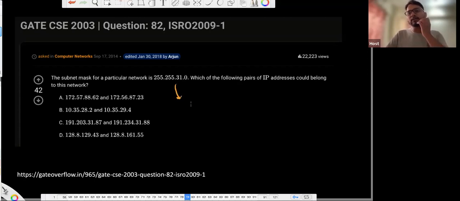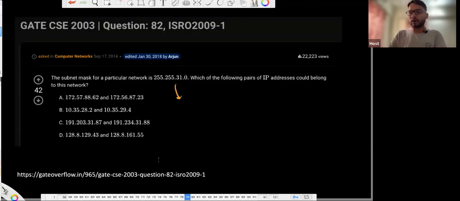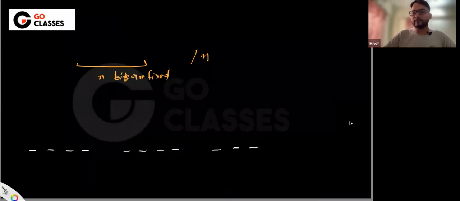Okay, this is very interesting. They are saying 31. In general, from the starting, n bits are fixed. But for theoretical purposes, this is just a theoretical question, not a practical one. In the practical sense, we don't do this. For theoretical purposes, I can say these are the 32 bits I have.